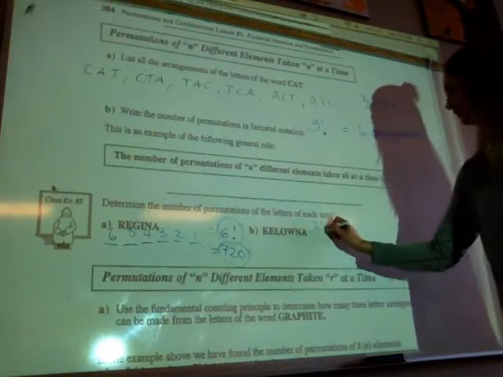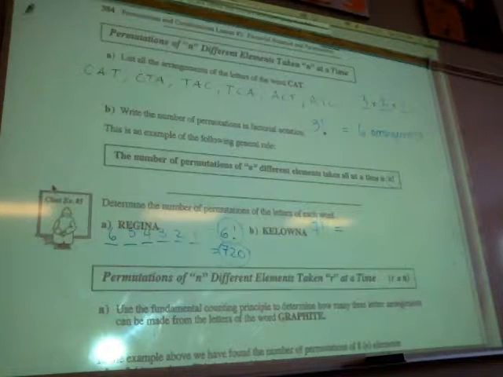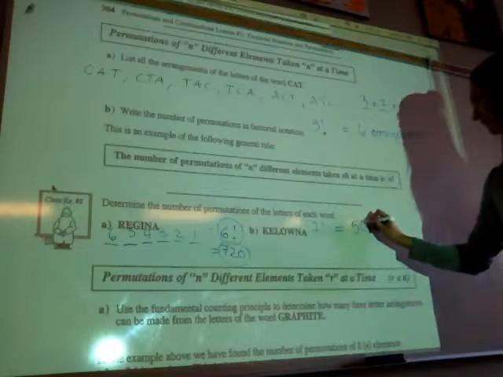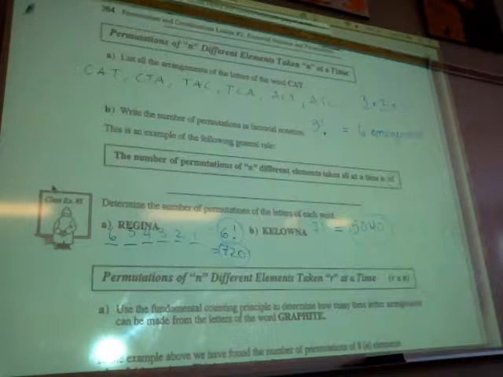So 7 factorial equals 5,040. Perfect. So there's 5,040 arrangements. Good stuff. So basically we see that factorial notation and the fundamental counting principle are the bare bones of permutations.